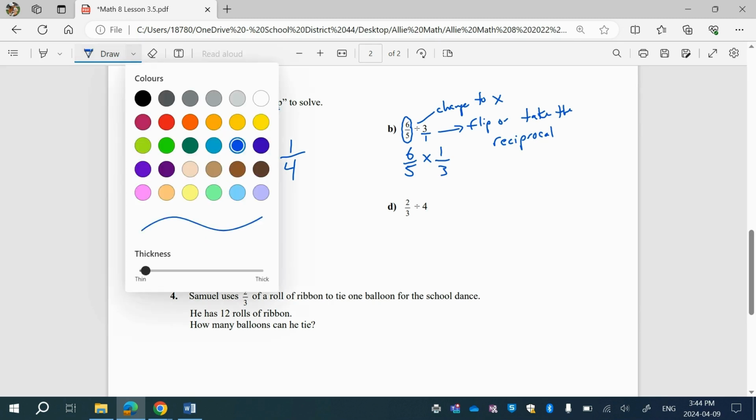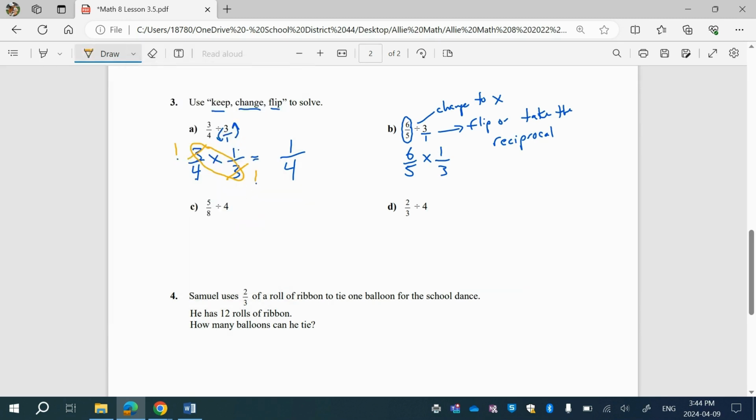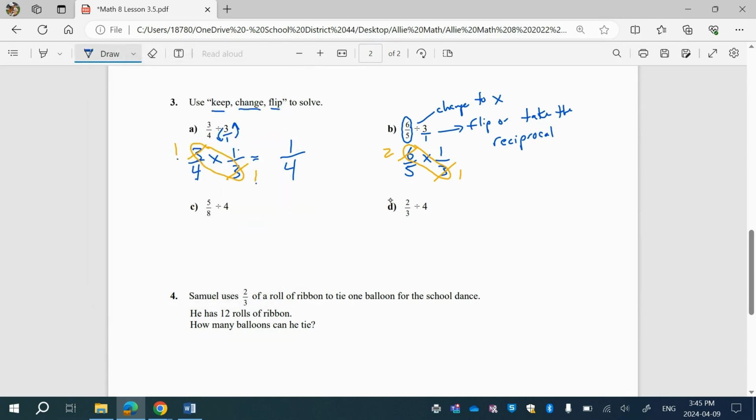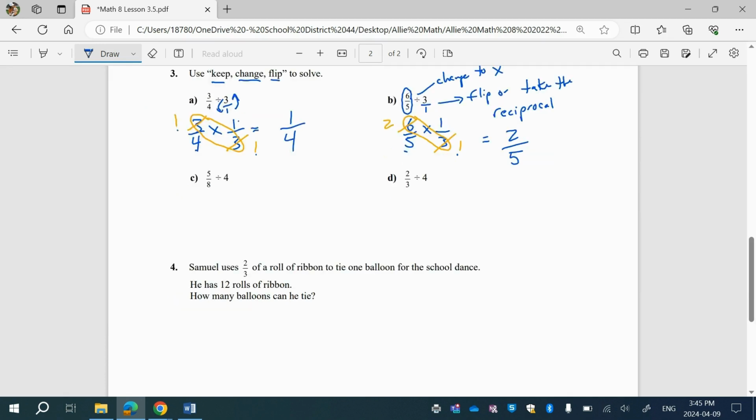Now we're going to cross reduce as usual. I can see 6 and 3 have a common factor. I know that 3 can go into each of these. 3 can go into 3 once, and 3 can go into 6 twice. Now let's multiply our tops. 2 times 1 is 2, and 5 times 1 is 5. And there you go.